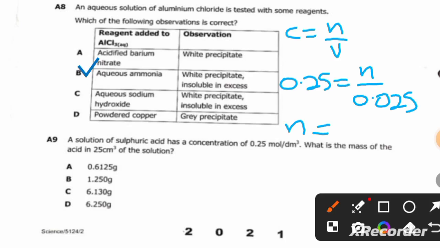We are going to get 6.25 times 10 to the power negative 3.